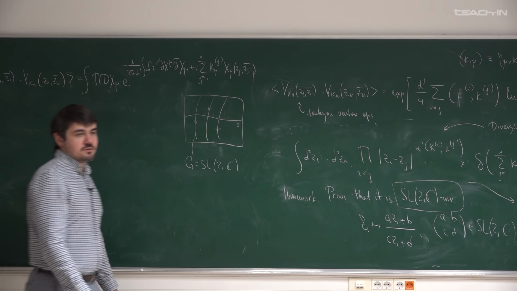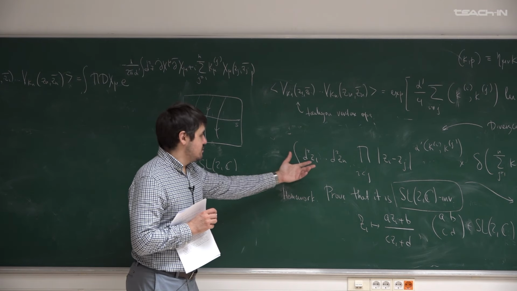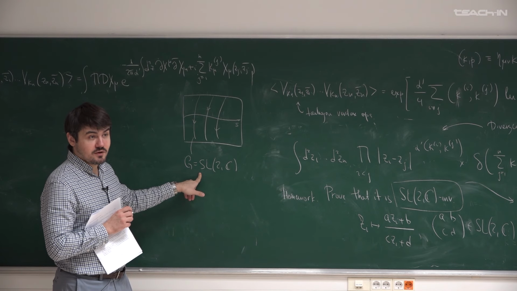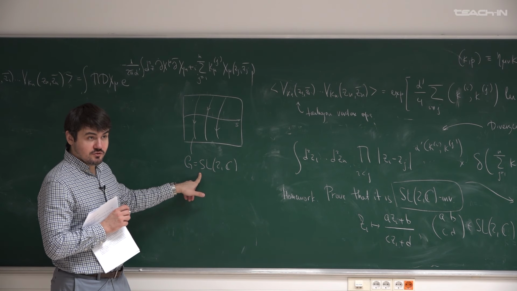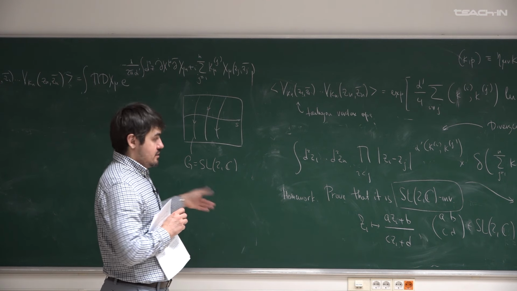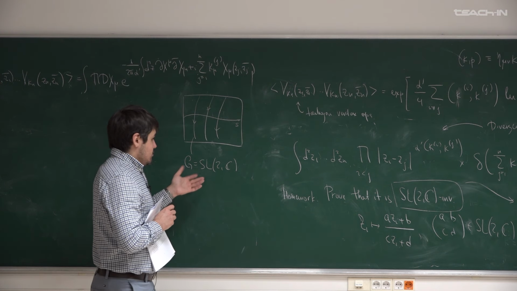So what we expect is that this integral can be written as an integral over this section times the volume of the fiber, which is the volume of SL2C, which is infinite in any reasonable metric. So the idea is that instead of calculating this integral, let's just calculate the integral over the section. So we kind of divide by the volume of the fiber.